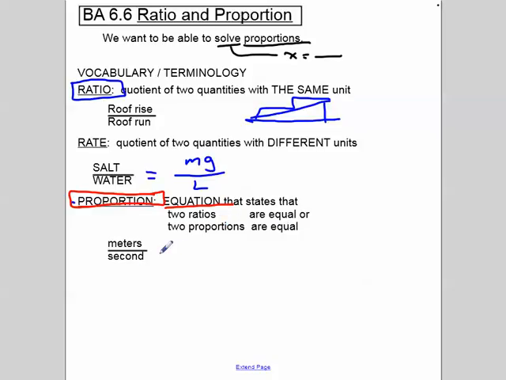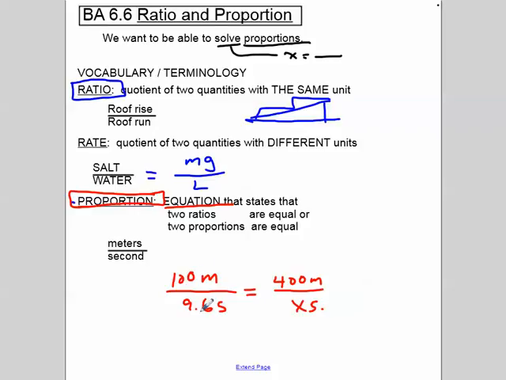In other words, let's see, Usain Bolt can run 100 meters in 9.6 seconds. That would be equivalent to 400 meters in x seconds, something like that.